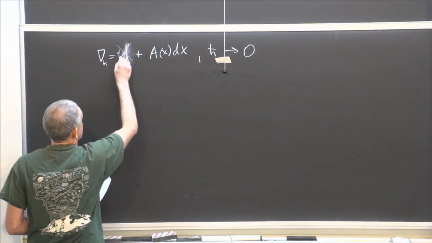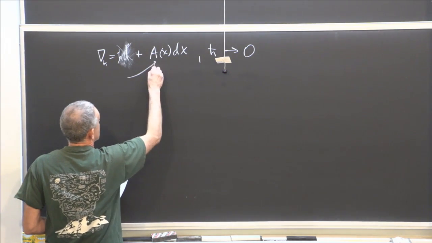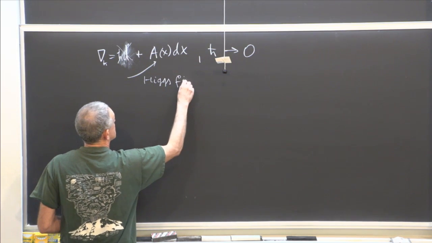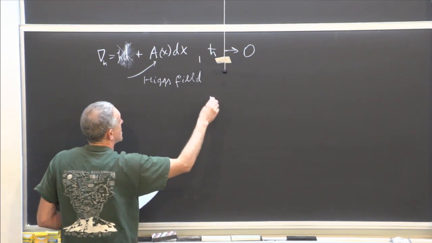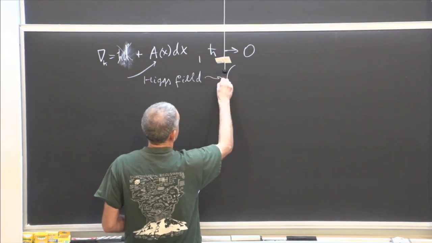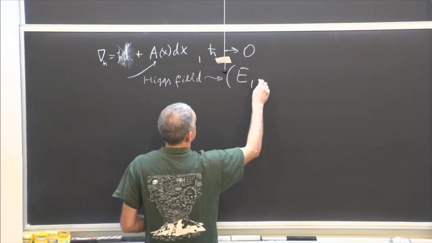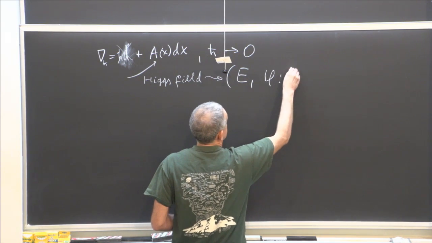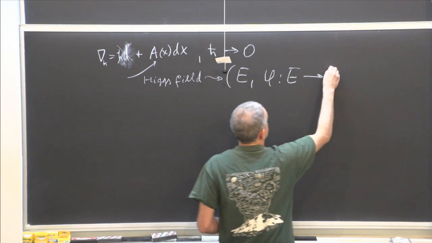Then this term disappears and we get what is known as a Higgs field. So instead of a bundle with a connection, we have a bundle with a Higgs field.